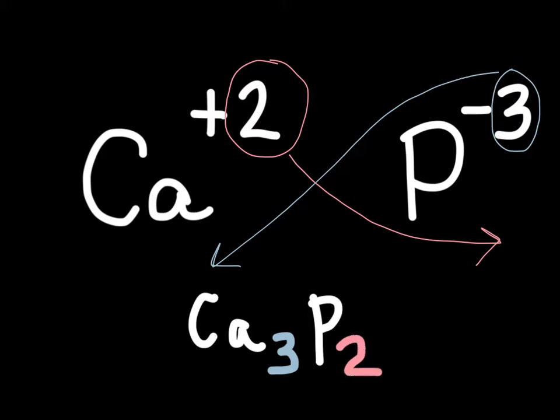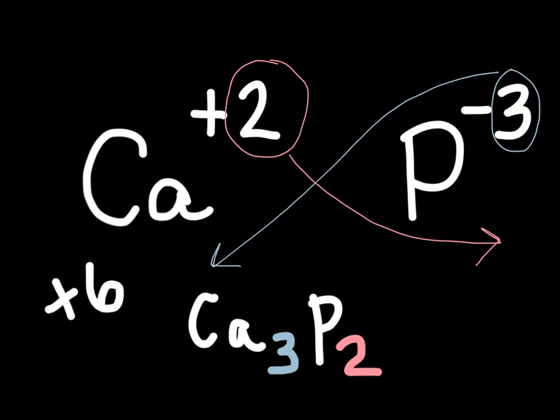Notice a couple of things here. First of all, I did not change the charge. I didn't move the plus or the minus. The only thing I move is the number itself. Why do I do this? Well, if I have 3 atoms of calcium and each atom of calcium has a +2 charge, then my overall positive charge is going to be +6.